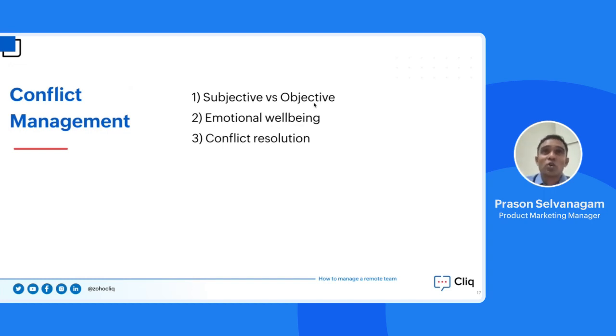And while doing so, of course we might hurt people, because one will be right, one will be wrong. In certain cases, both people will be right, but they will be coming from different perspective angles. So team managers should be really careful in handling conflicts, and not just manage them, not sweep them under the carpet, but go to the root of the issue and resolve them so that we actually make the team a better place for people to work in.